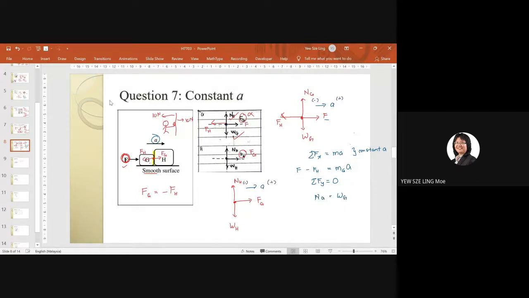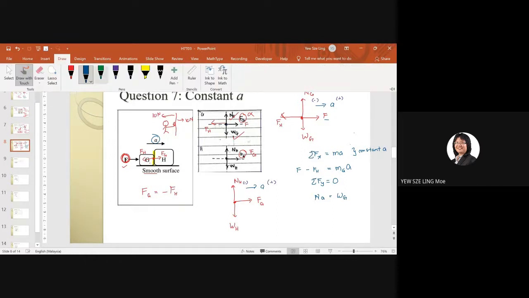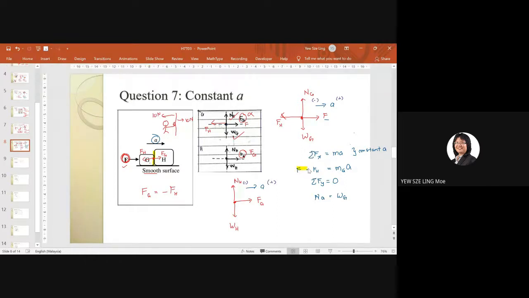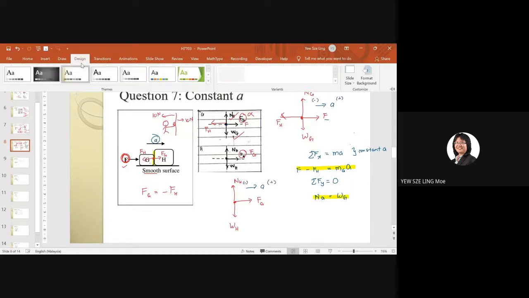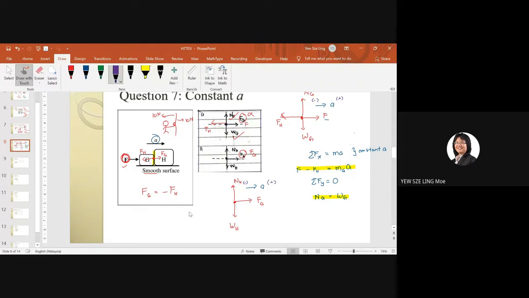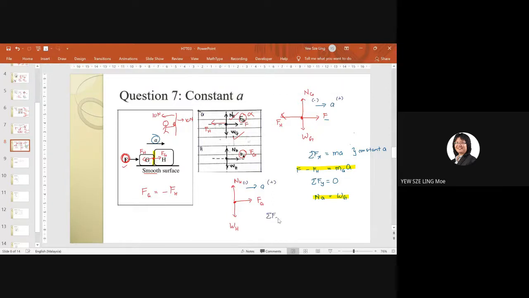So you have two equations from the first diagram, from object G. Now let's look at object H. Again, you look at the diagram. My acceleration is lying along the x component, therefore the summation of Fx is equal to m_h a.